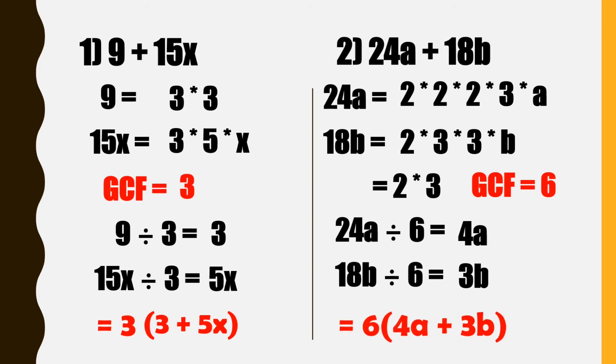Again, we will get this form 6 quantity 4a plus 3b. 6 is the greatest common monomial factor. 4a plus 3b is the quotient of the polynomial, and 6 quantity 4a plus 3b is the factored form of 24a plus 18b.